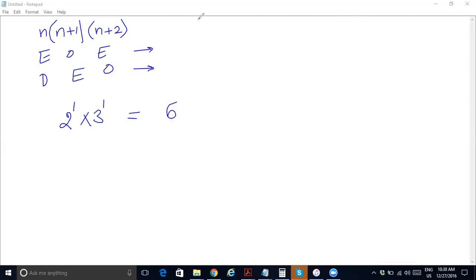And what can you tell about this case? Even, odd, even. That it'll be a multiple of 4. Very good. Anything else? Multiple of 4, and there's a 3 in there, there's a 4, so 12.